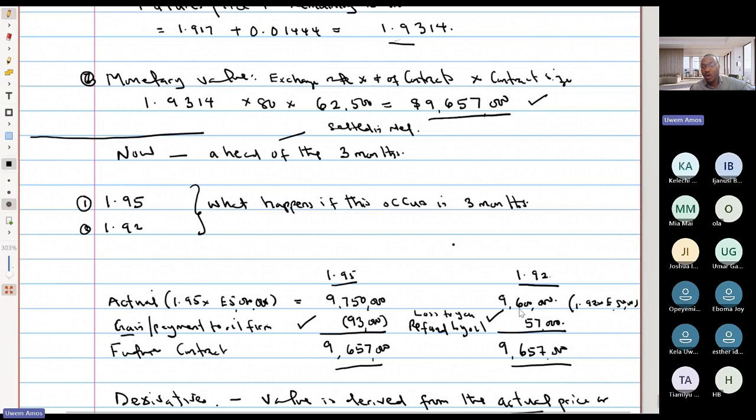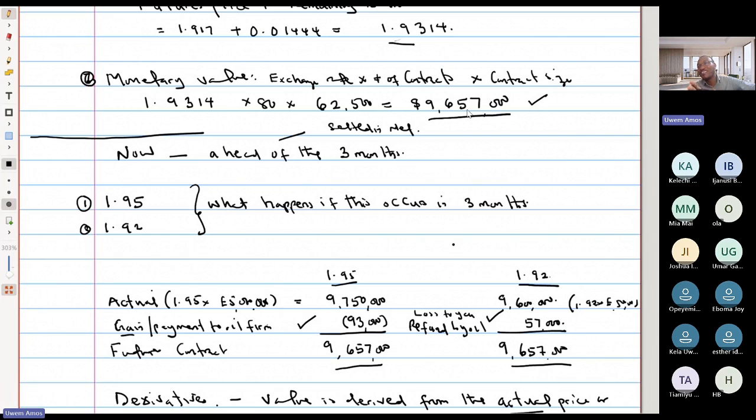So if you bought it for less than this, your total cost must still be 9.657, so you need to make a payment to balance it up to that fixed amount. So it is fixed; the only thing is that you might end up giving out money to get it to the fixed amount. Is that clear now? Thank you, sir.